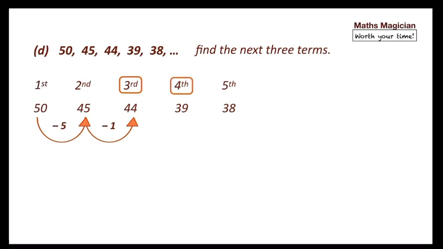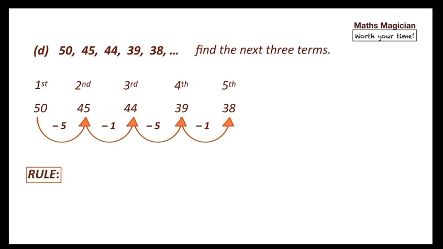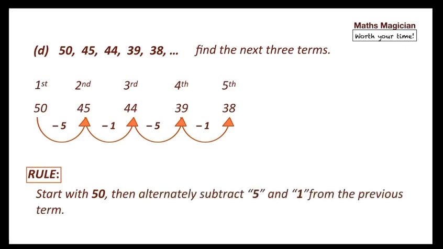We have to subtract 5 from the third term to get fourth term. Now we take fourth and fifth terms. We see that we have to subtract 1 from the fourth term to get fifth term, which means we have to subtract two different numbers alternately. So for this sequence, the rule is: start with 50, then alternately subtract 5 and 1 from the previous term.